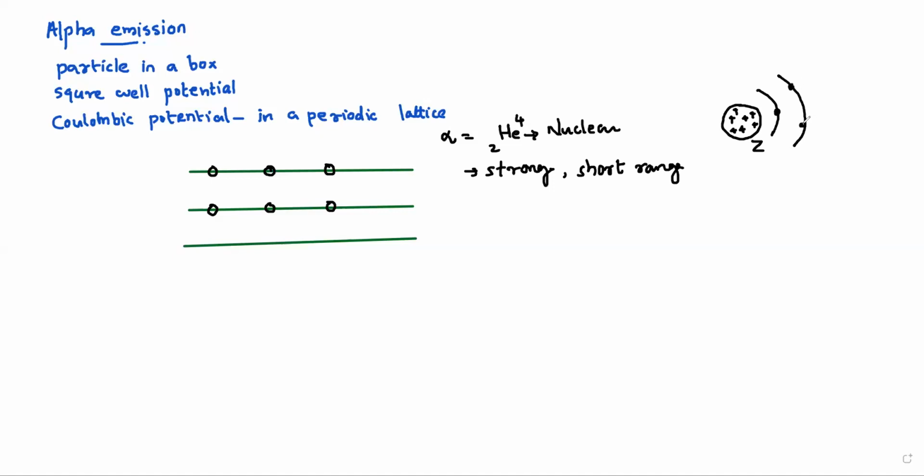So if Z is the number of protons, the total charge is equal to Z times the charge of one electron, E plus, that we can write. So within the nucleus, there is a strong attractive force.